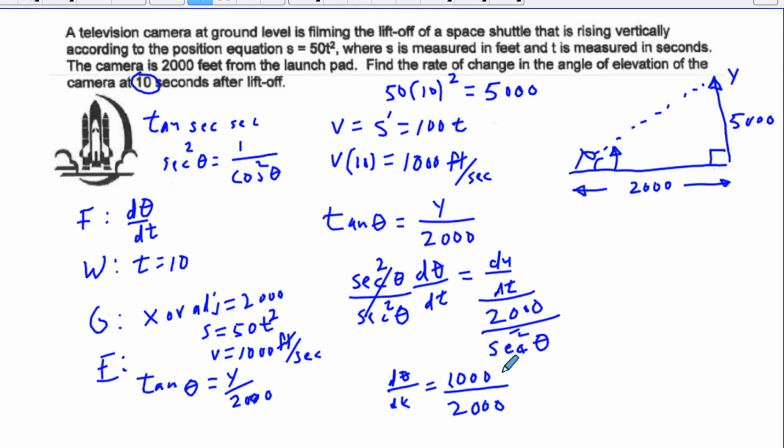And then we're going to have the reciprocal of secant, which is cosine, so it's going to be times cosine squared of this angle. What is that going to be?